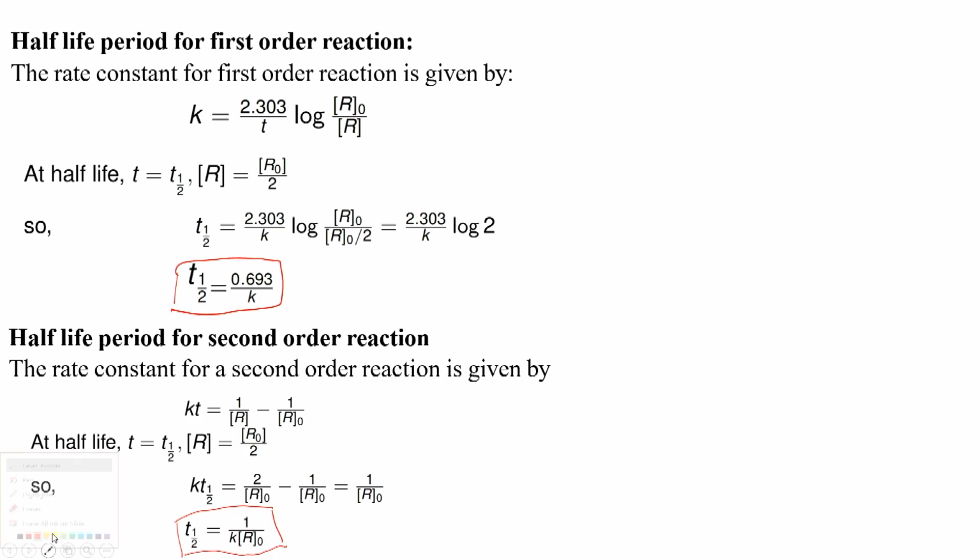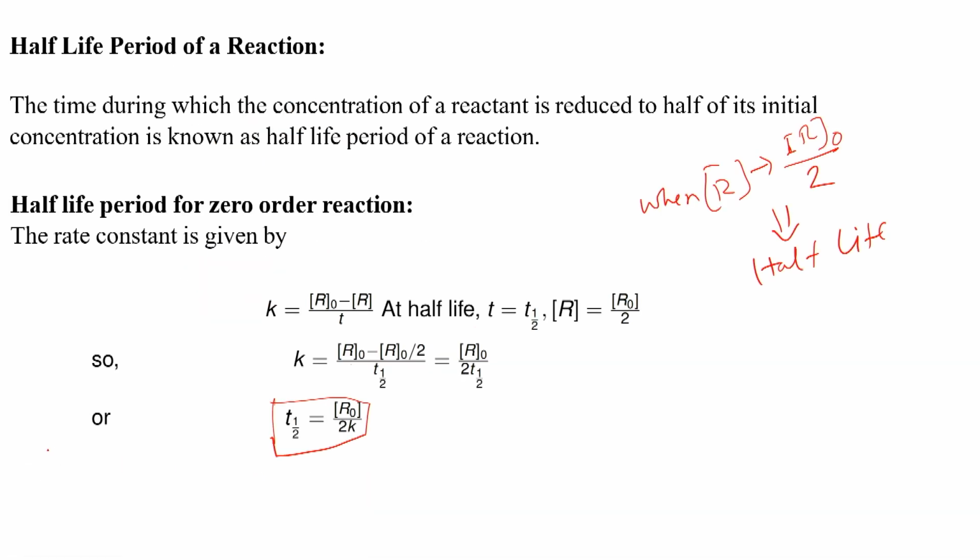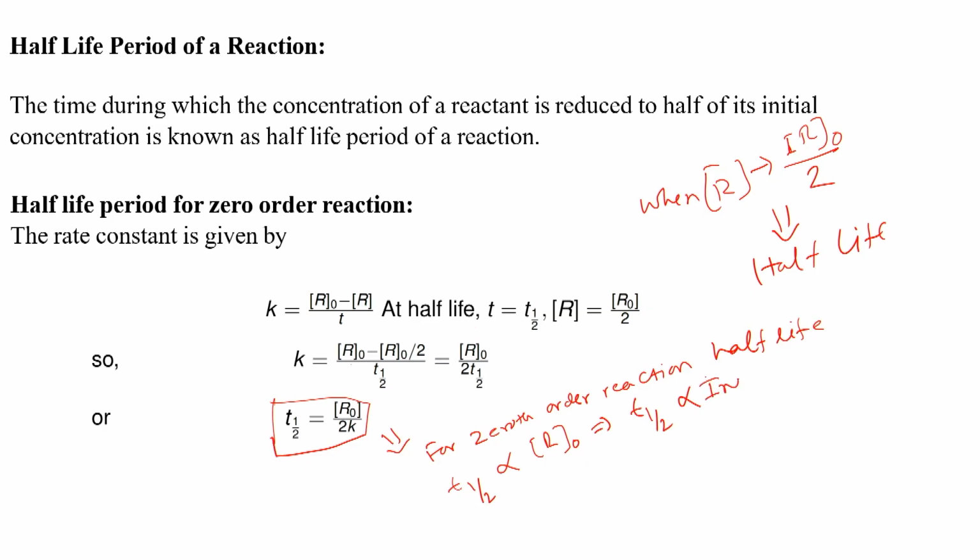So, what we discussed here is, for the zeroth order reaction, the half-life t half is directly proportional to the concentration of reactant at time 0, or t half is proportional to the initial concentration of the reactant.